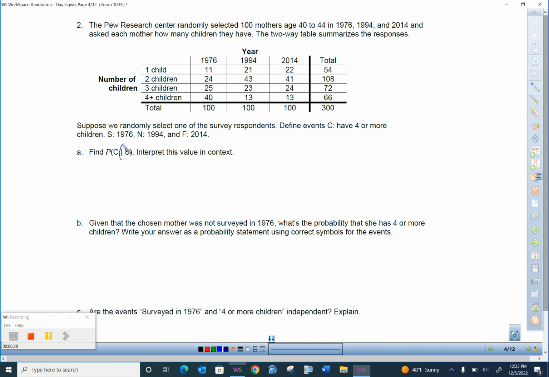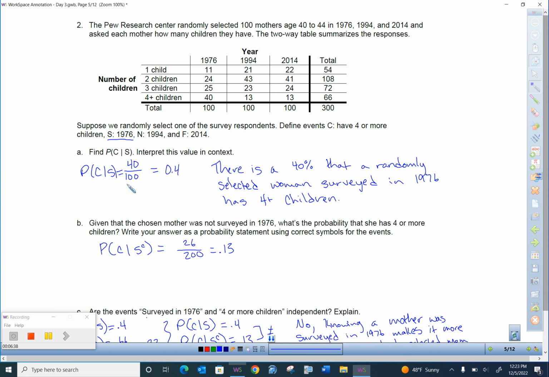Just a reminder that this bar right here means given, and that indicates that we have a total other than 300 that we're working with. So on this one, our total was 100 because we are looking only in 1976, meaning we are only focusing on this column right here.